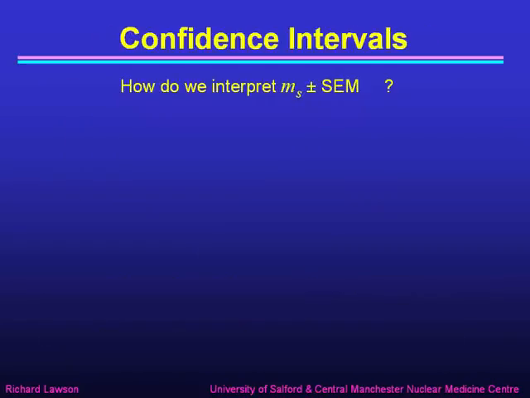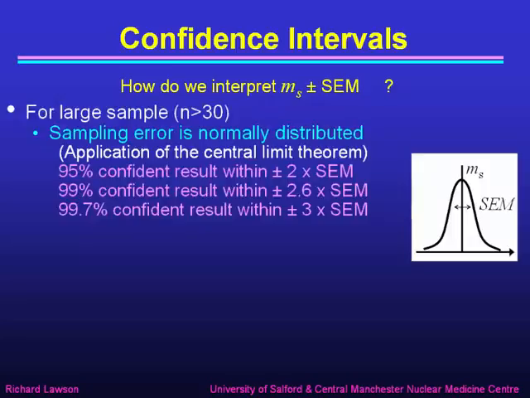That leads us to confidence intervals, because we use confidence intervals to interpret the meaning of this statement, MS plus or minus the standard error of the mean. If we have a large sample, for example n more than about 30, then the sampling error turns out to be normally distributed. That's actually an application of the central limit theorem, which we mentioned in the lecture on probability distributions. And if we've got a normal distribution, we can say that 95% of our measurements are within 2 standard deviations.